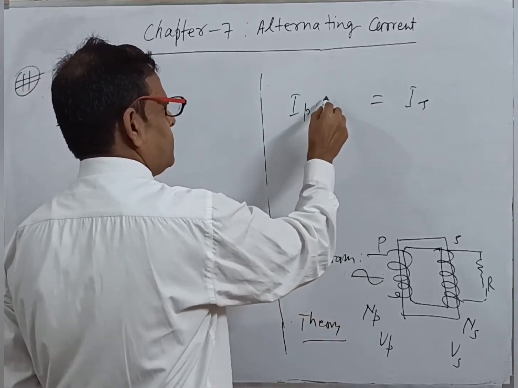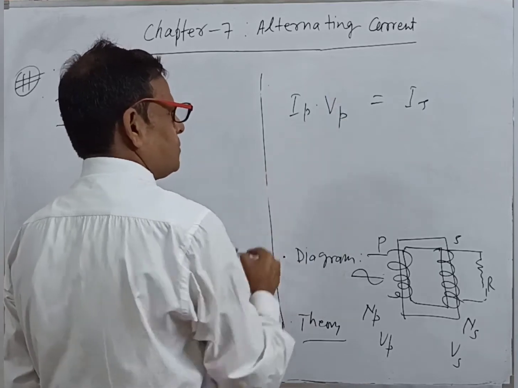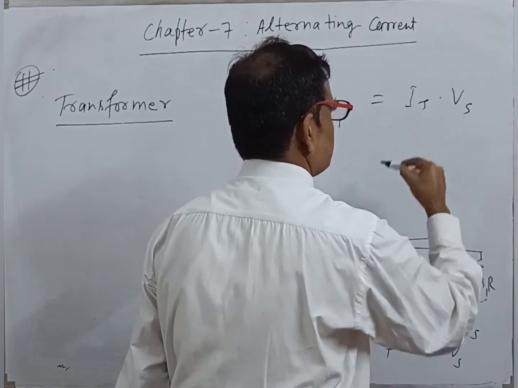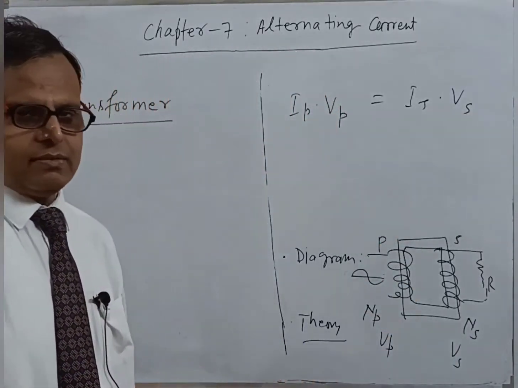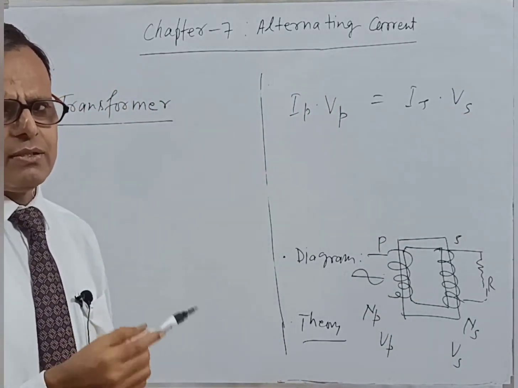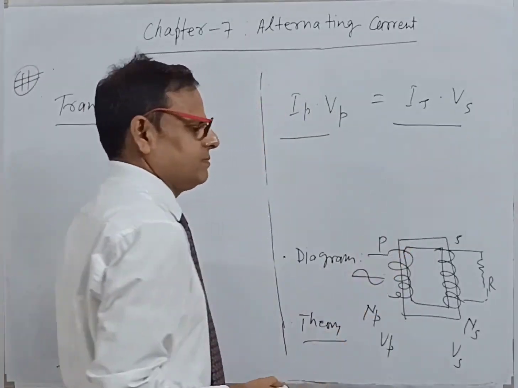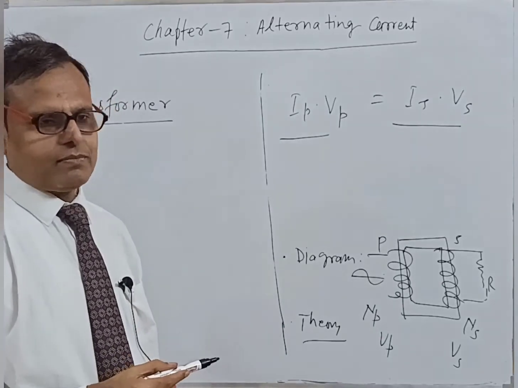So IP into VP is the power in primary circuit, and IS and VS is the power across secondary. So input power is equal to output power. This is an ideal case.